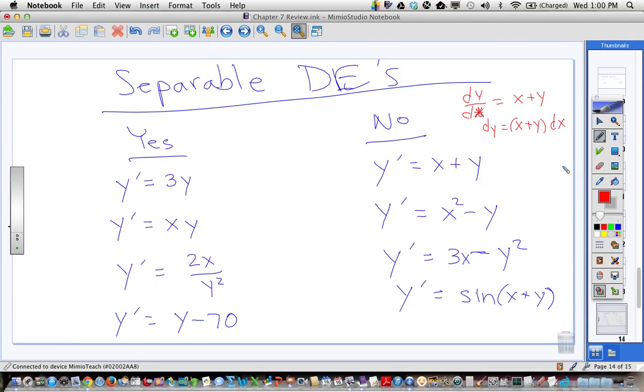There's no way to get the x's on one side, the y's on the other. You just can't do it. Okay, and so that's why none of these would work.